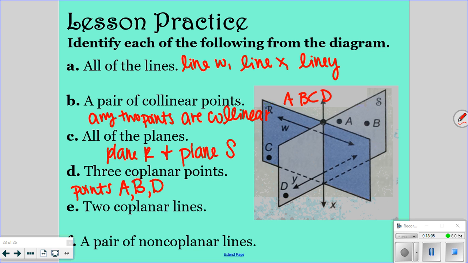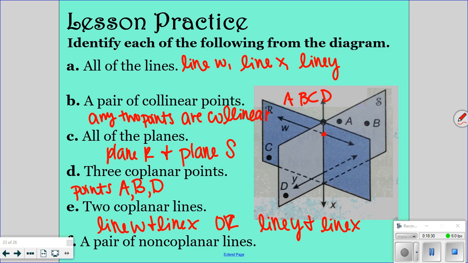Then the 2 coplanar lines means that they have to intersect. So we could have line W and line X because they intersect right here. Or you could have line Y and line X because they intersect right here.